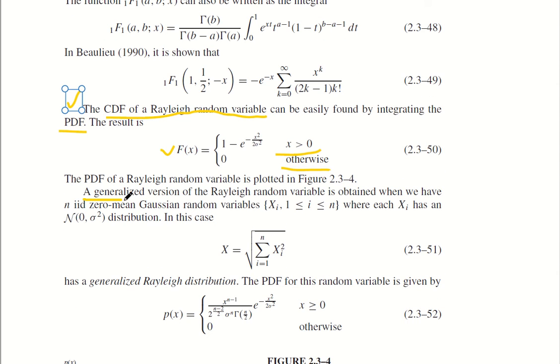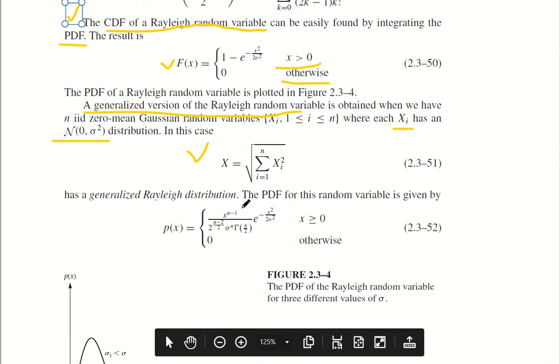And a generalized version of a Rayleigh random variable is obtained when we have IID zero mean Gaussian random variables, so each xi is N(0, sigma squared), and you take the squares, sum them up, and take the square root. That is a generalized version of the Rayleigh.